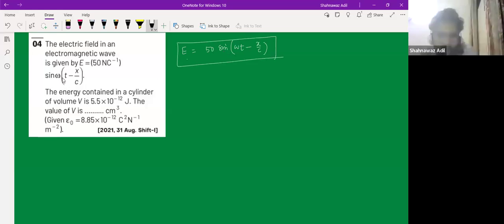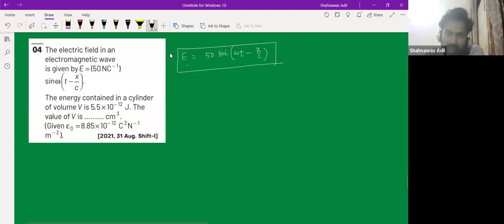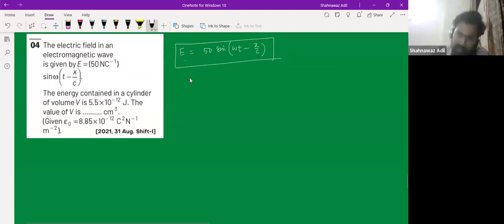So this omega is with time only. The energy contained in a cylinder of volume is given as 5.5. This is looking the same, right? This is electric field, but this is energy.